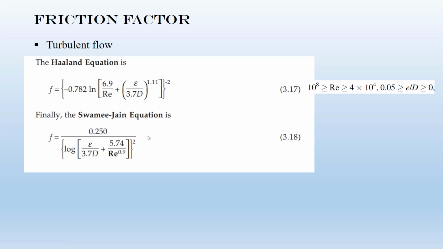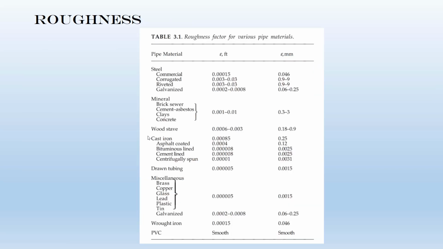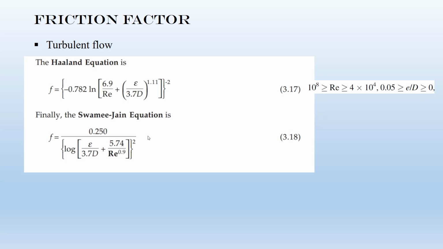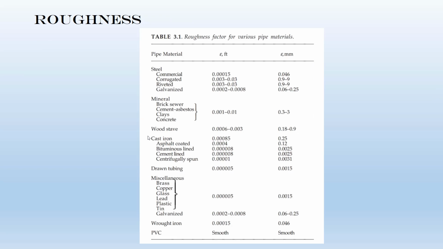You can either use these correlations, or you can use the Moody diagram to find the friction factor. For the roughness, you can use the reference tables to find the roughness for different materials. For example, you can use table 3.1 from the Jonas textbook. You can find the roughness in feet or millimeters for different materials.